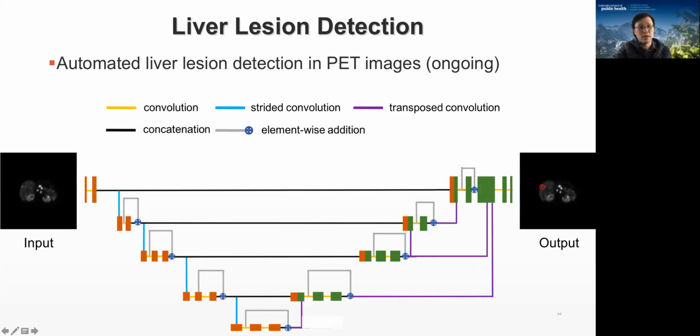Here we replace the traditional convolutional layers with the residual learning block, because the residual learning block is more effective, and it has been used in many other studies and shown improved results. Here we also introduce two additional context aggregation paths, because the neurons in different layers have different size receptive fields. They can only see a local region in the input image data, but we can have different sizes of lesions, right?